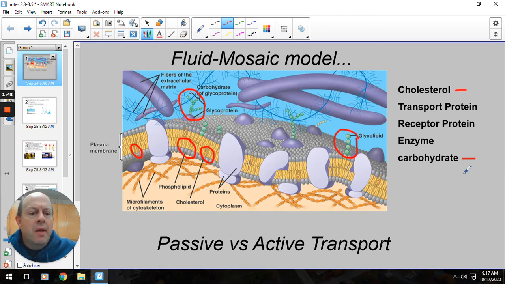They help identify this cell as belonging to your body. If a cell does not belong, then your body sends out the defenses, antibodies and white blood cells, to try and destroy it. And so carbohydrates are the ID badge that allows your body to identify your cells.